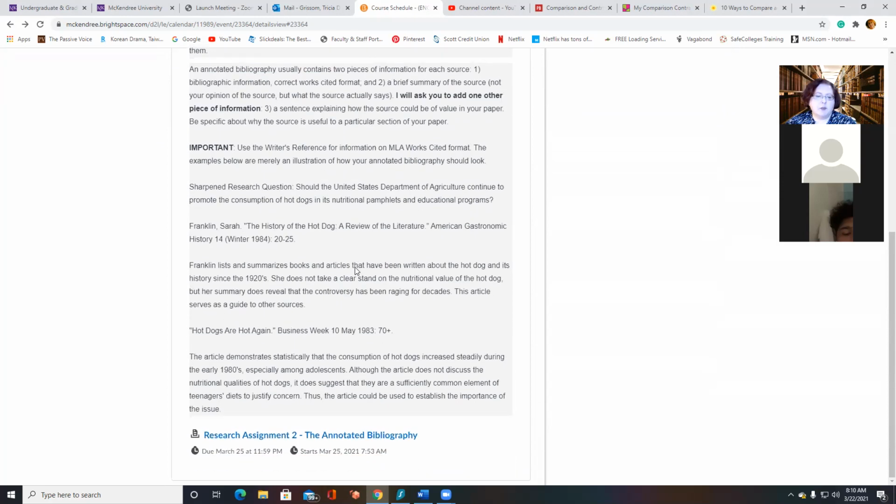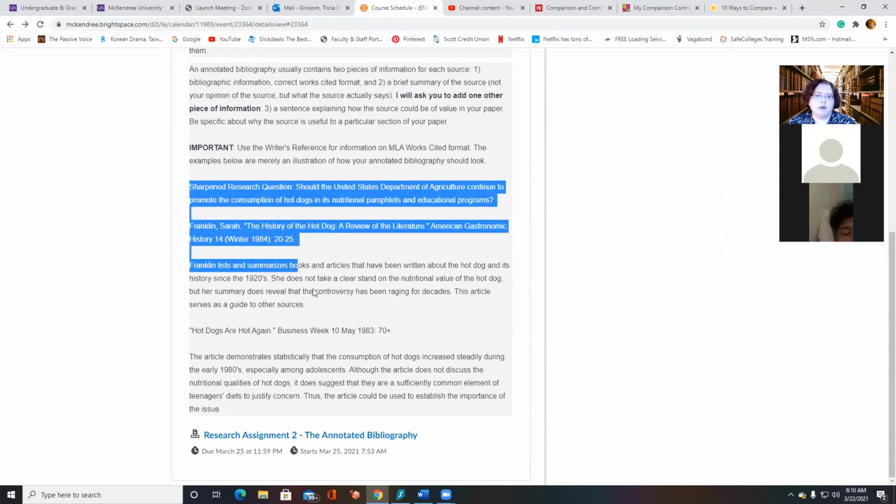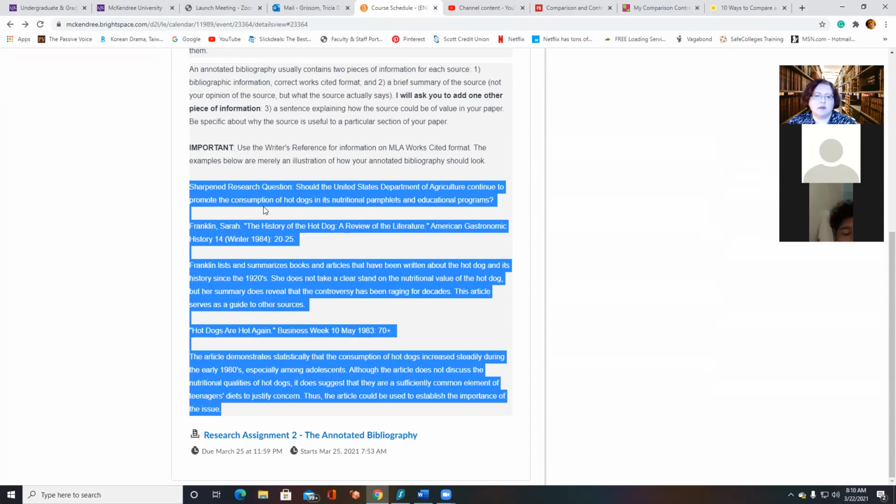So basically that's what yours will look like, only you will have 6 sources following this. If you want, you can copy and paste this format into your Word document and just replace it with your information. So you'll have your sharpened research question: What is the controversy regarding the Dreamers Act in America? And then you have 6 sources that talk about it.